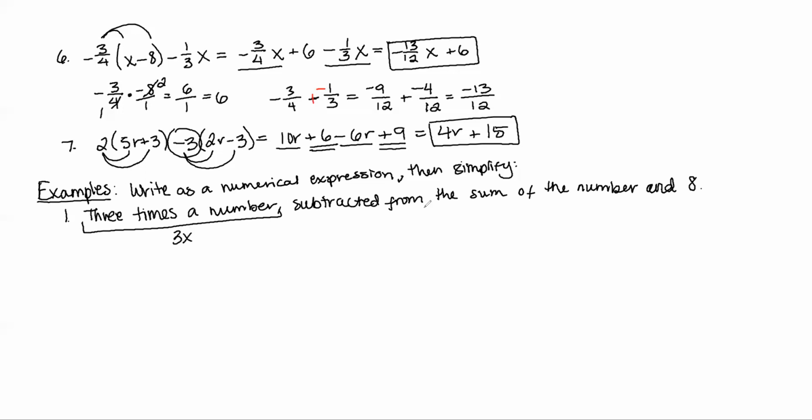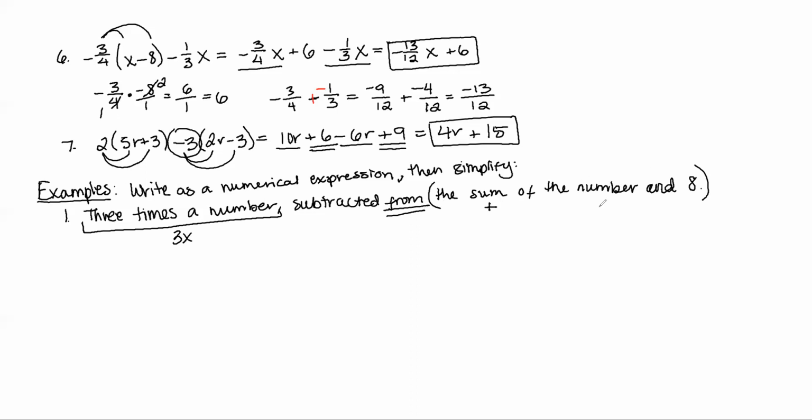We're subtracting this from, so remember if you're subtracting something from something else, this 3x is going to go at the end. We're subtracting it from the sum of the number and 8. So remember the sum groups these terms. And so we know we're going to be adding, because it's a sum, the number and 8.